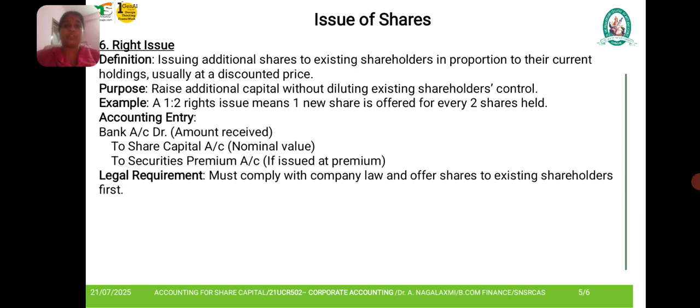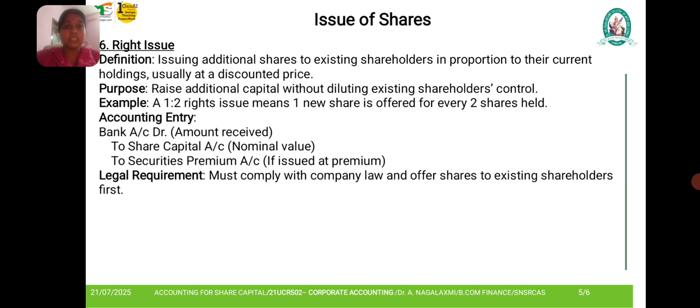Now, next is the rights issue. Rights issue means issuing additional shares to the existing shareholders in proportion to their current holdings, usually at a discounted price. See, the company has issued the shares. Again, after some months or years, the company wants additional capital.